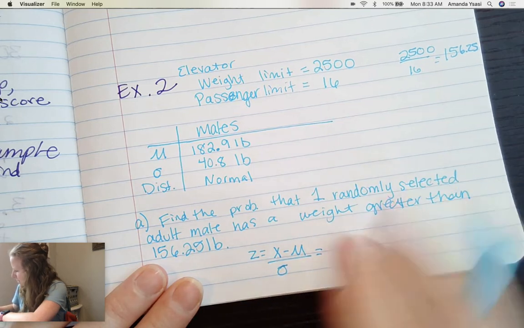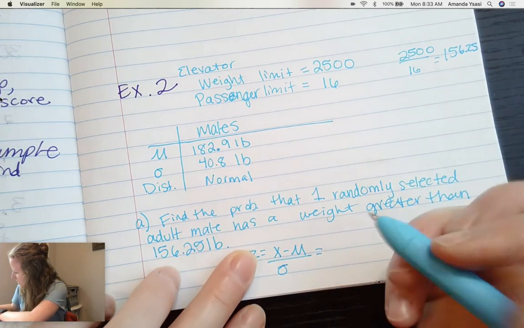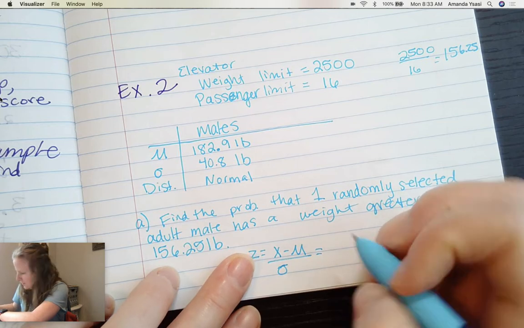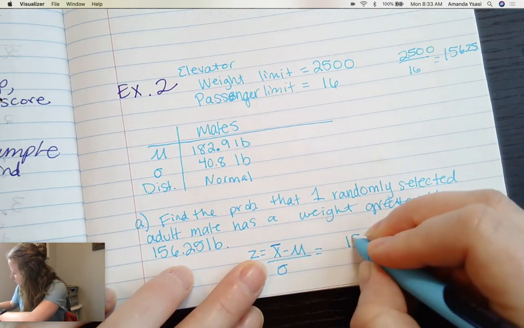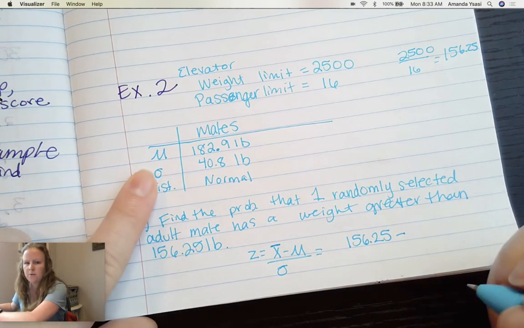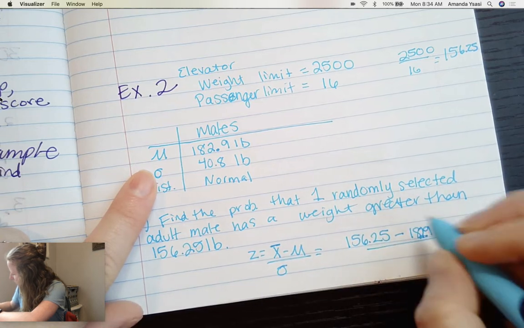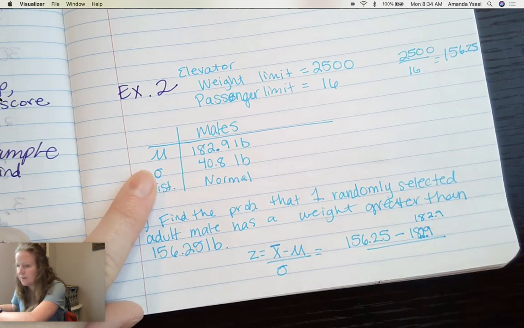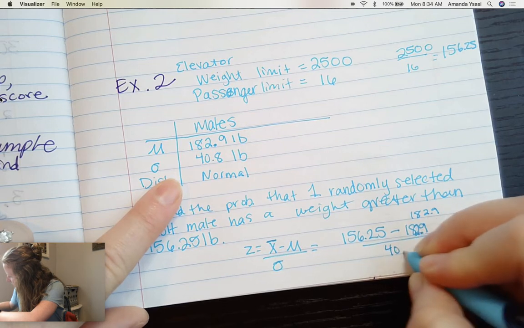So x is the one, no, that's our x bar. It's really like our x bar. So it's 156.25 minus our mu, which is 182.9, over the 40.8.